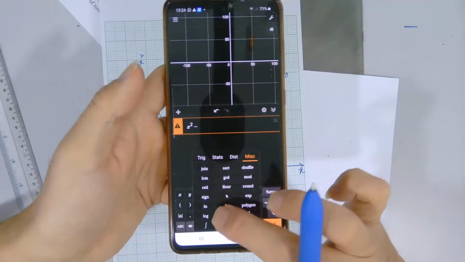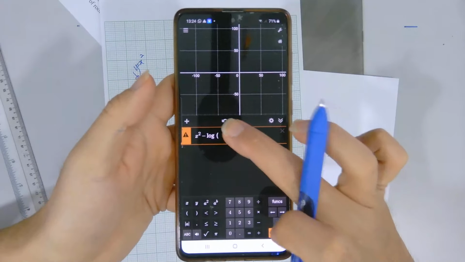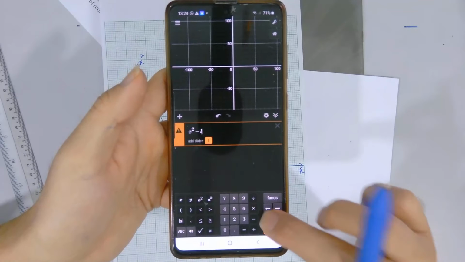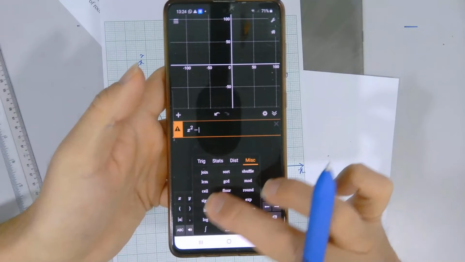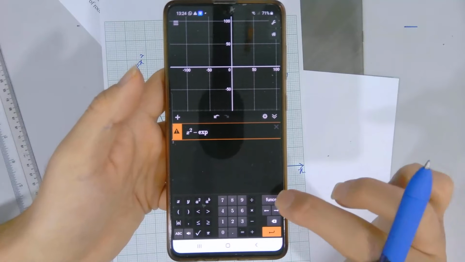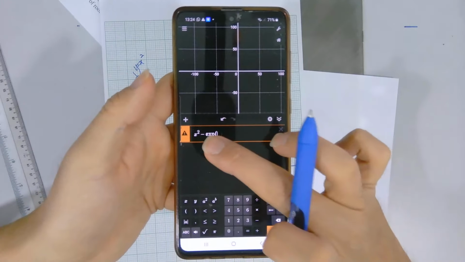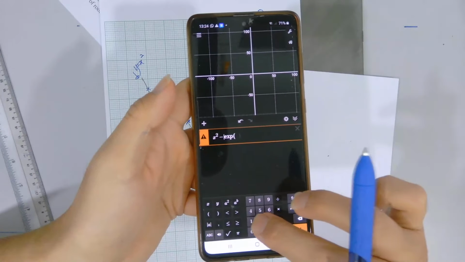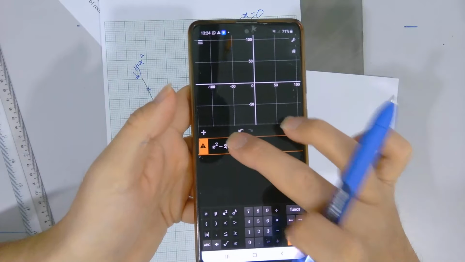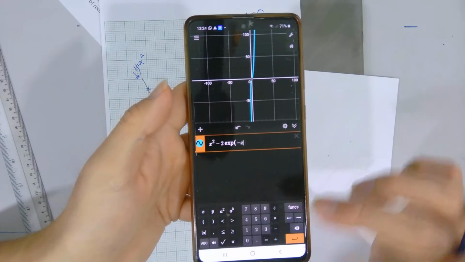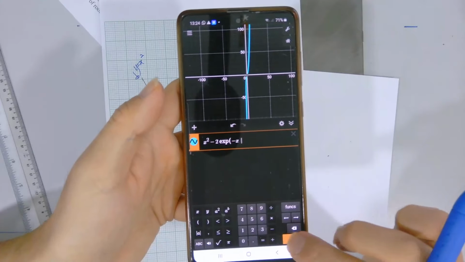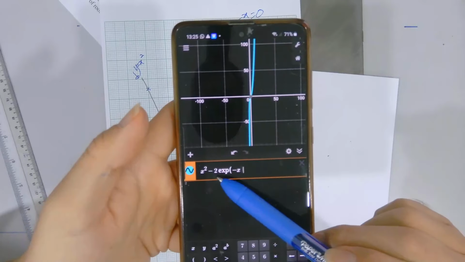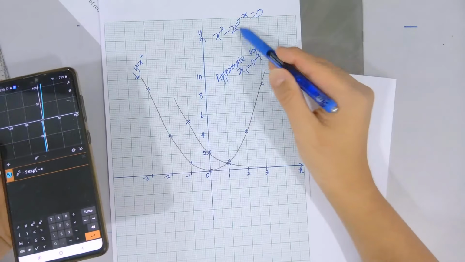You have ln, you have log, sorry, go back. Go to function and choose exponential, exp. Put a bracket, this is the power of negative x. Sorry, there is a 2 in front here. So 2e to the power of negative x. That's all. You have keyed in x squared minus 2e to the power of negative x.